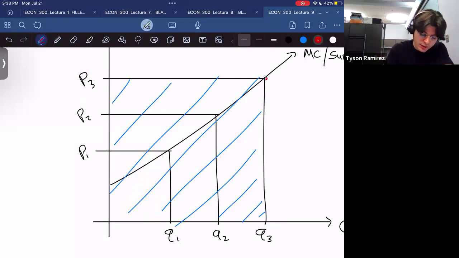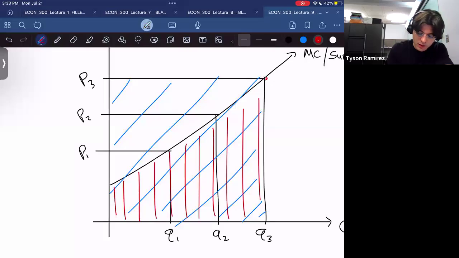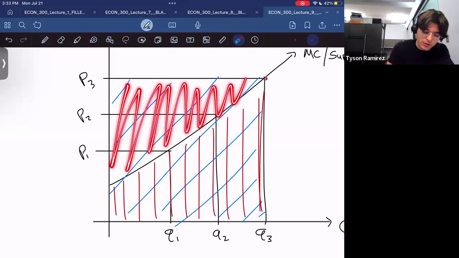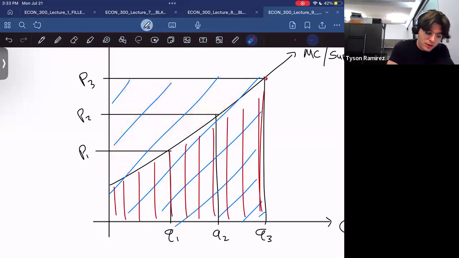Our cost to get here is all of this right here. All right. It's all of our marginal costs at each of those quantities. Because remember, marginal cost is what we pay per unit. And so that per unit cost is adding up right there. And that's why all of this is our producer surplus. Let's do this in green.